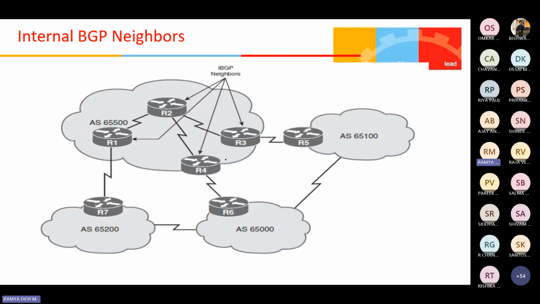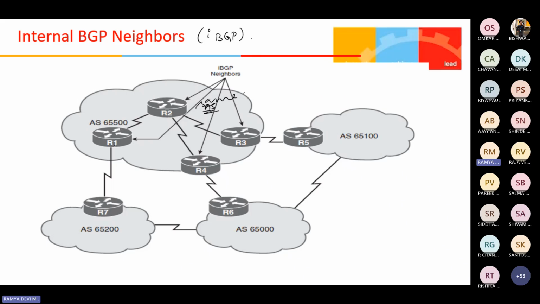This is the example of internal BGP neighbors. Internal BGP neighbors means we'll be using iBGP. The iBGP neighbor relationship is also called iBGP neighborship. That is within the same autonomous system.